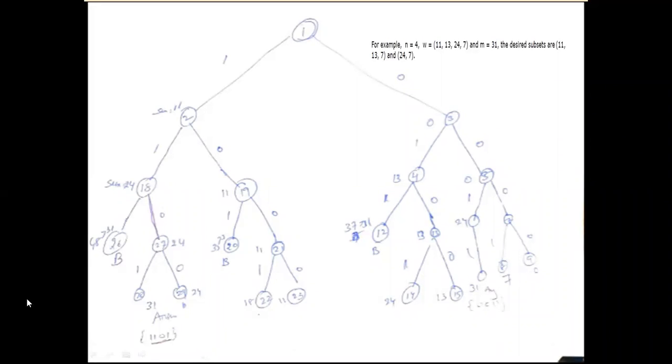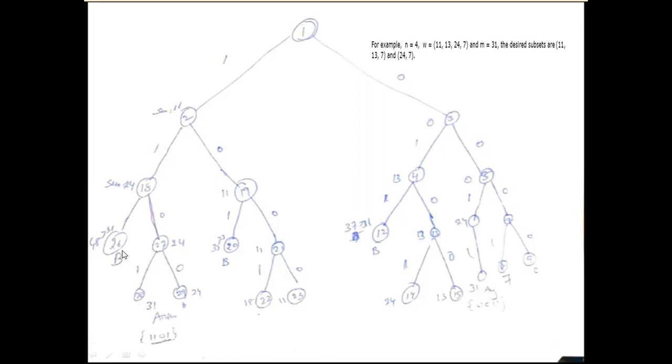Again the 18th node is expanded, and it generates a child, the 26th node. The 26th node means we are including the first three elements in the sum. The sum of the first three elements is 11 plus 13 plus 24, which equals 48, and 48 is greater than 31.